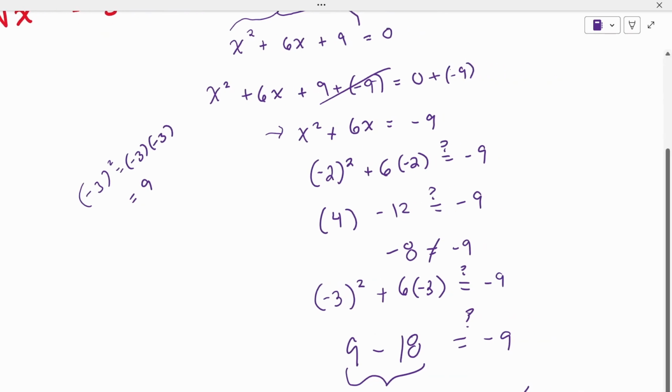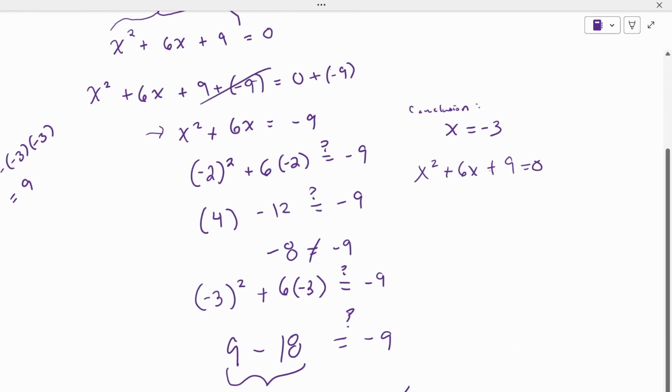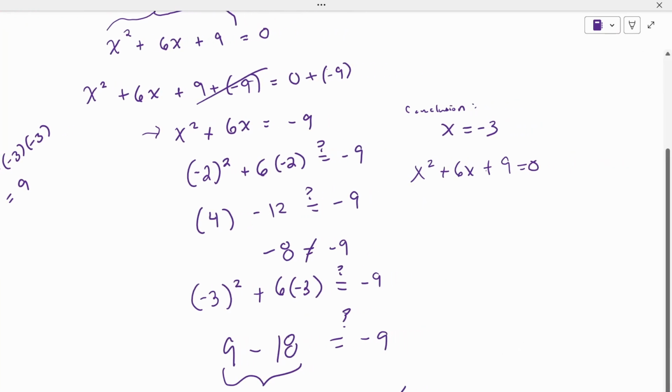And so your conclusion would be, just using algorithmic methods, that your answer to the question, what value satisfies the equation of x squared plus 6x plus 9 equals 0? Well, the only value that satisfies that particular equation, or at least one of the values that satisfies this equation more precisely, would be x is equal to negative 3.